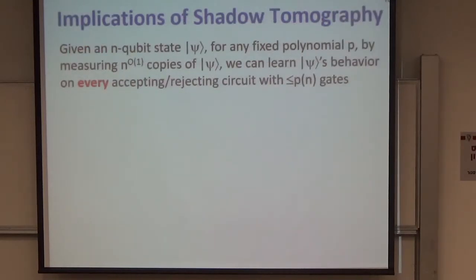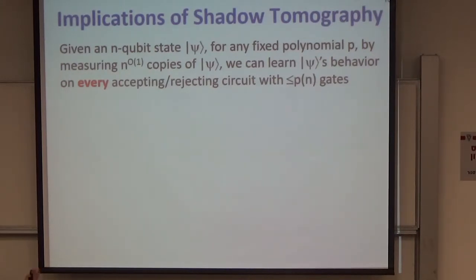Okay, so this is just my second last slide. The implications of shadow tomography. Here's a kind of striking implication of what we've proved. Given an n-qubit state, say psi, for any fixed polynomial p, by measuring only polynomial in n number of copies of your state, you can learn that state's behavior on every quantum circuit with at most a polynomial number of gates.